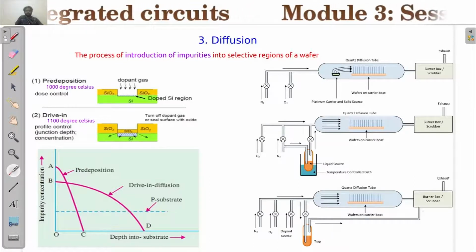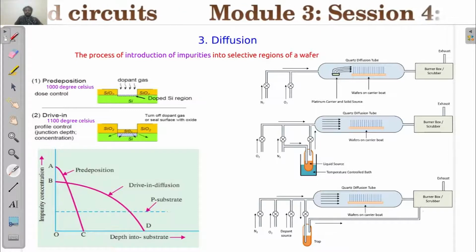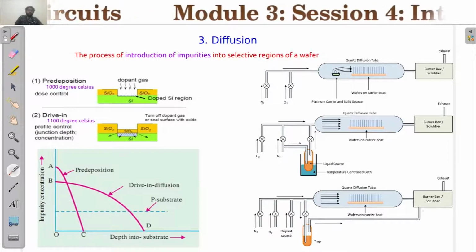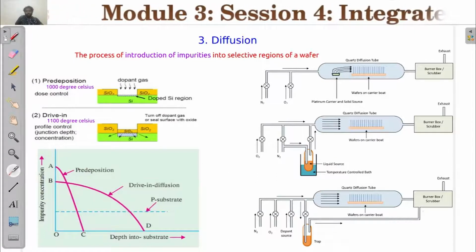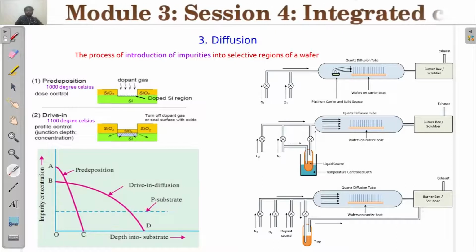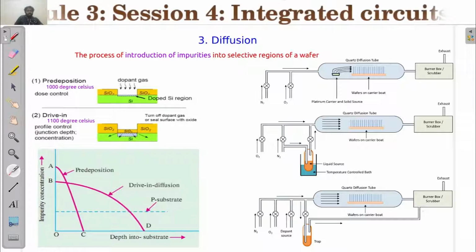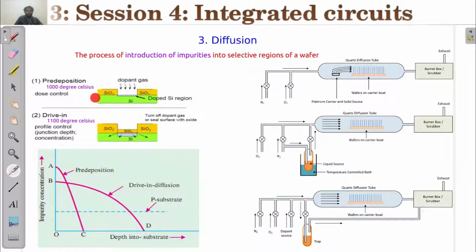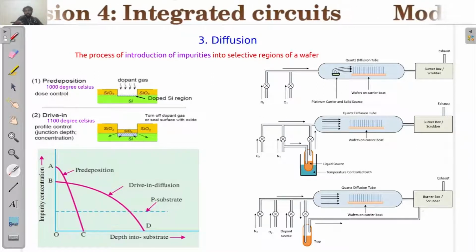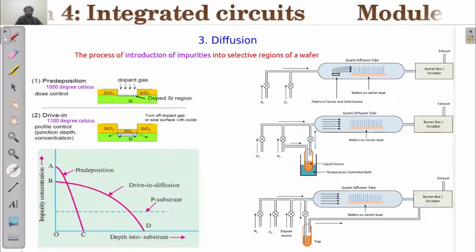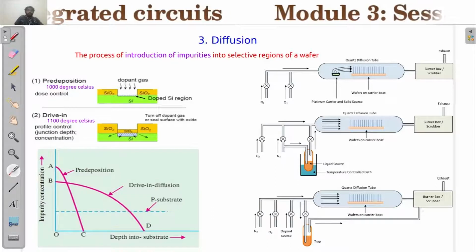Diffusion is defined as the process of introduction of impurities into selective regions of a wafer, or the process of doping a silicon wafer selectively. So the impurities are used for doping silicon. Here you can see there is a silicon layer and a silicon dioxide layer, and we have previously said in the case of oxidation that the silicon dioxide layer is impenetrable for dopant gases.